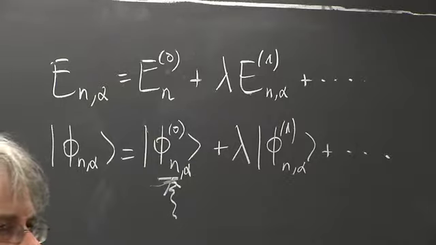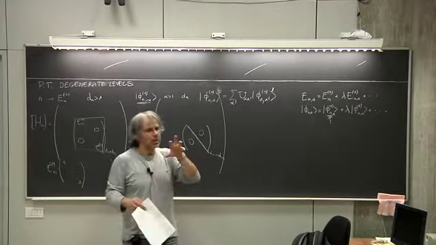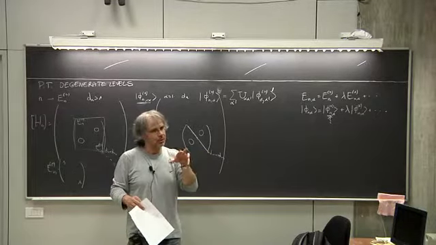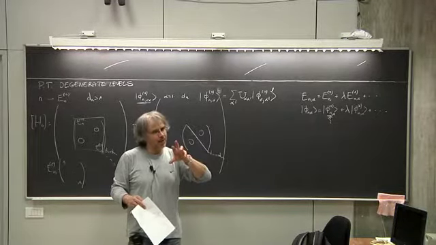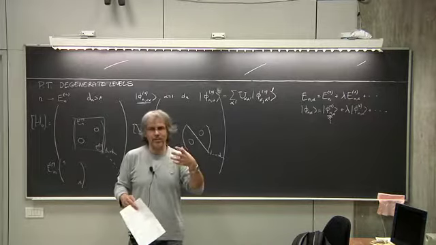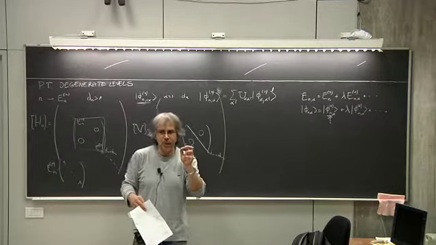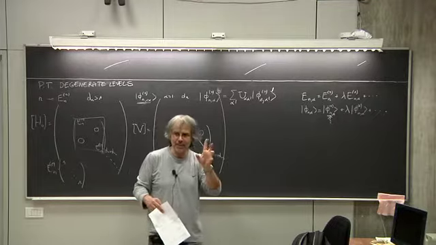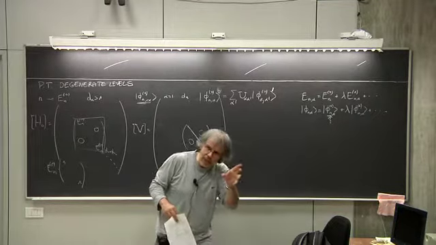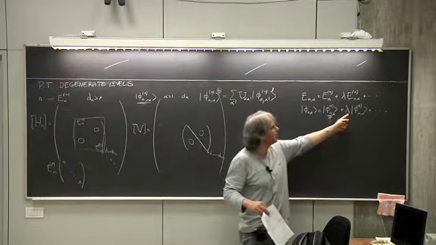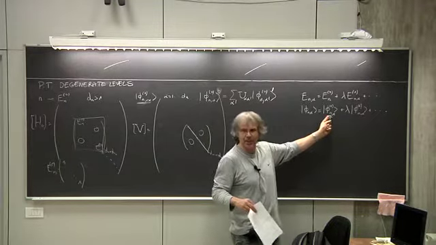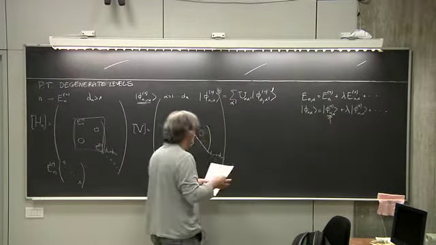Without any perturbation, you really don't know what states to use, right? But if you let yourself be guided by the perturbation, so you turn on a small lambda, then maybe the system will tell you, okay, choose this, because in the limit lambda going to 0, I will reach some state. And I will show that this is the right thing to do.